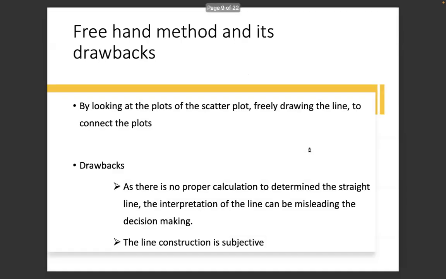So then, the freehand method and its drawbacks. By looking at the plots of the scatter plot, freely drawing the line to connect the plots. In the freehand method, we have to drag and draw the line in our freehand by looking at the plots.